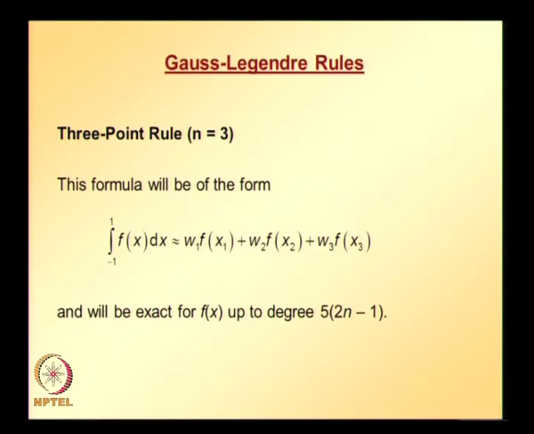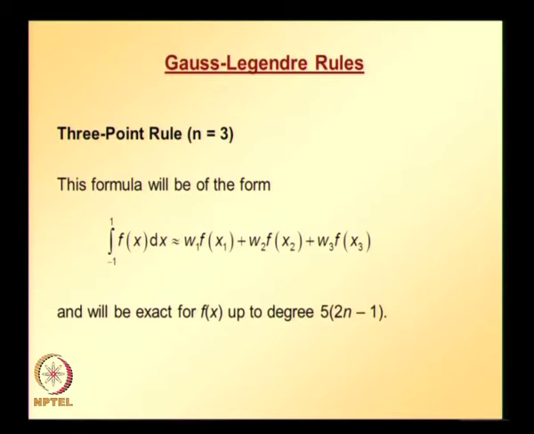So how to determine these weights and these locations? We need to adopt a similar procedure that we already looked at. We need to get 6 equations to determine these 6 unknowns uniquely, that is f(x) is equal to 1, f(x) is equal to x, f(x) is equal to x square, f(x) is equal to x cube, f(x) is equal to x power 4, f(x) is equal to x power 5.